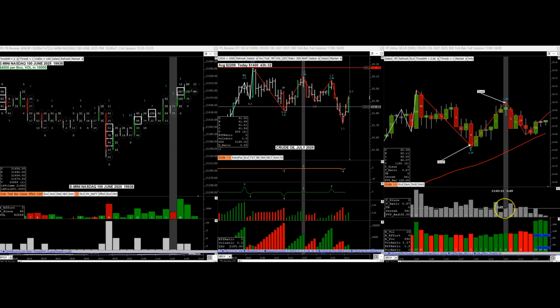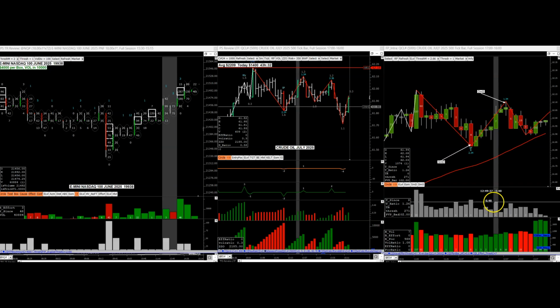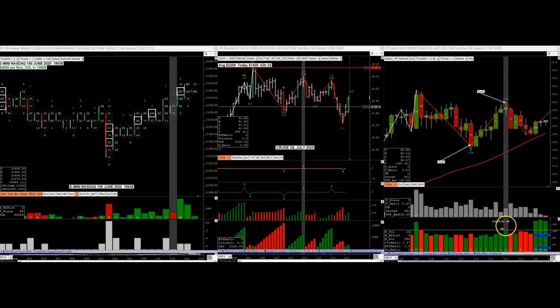And look at the output. There's less output here than, let's say, about 2 bars before, where the bigger bar has less volume, and this one has more volume and is relatively small.